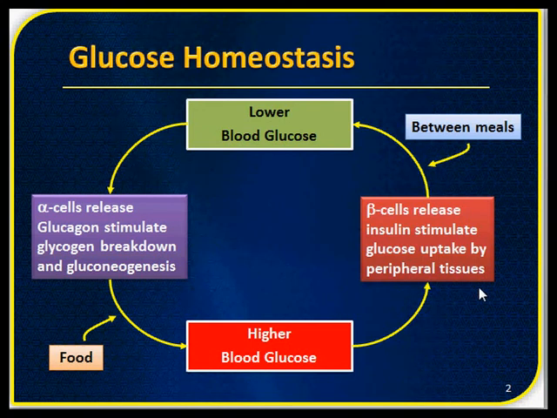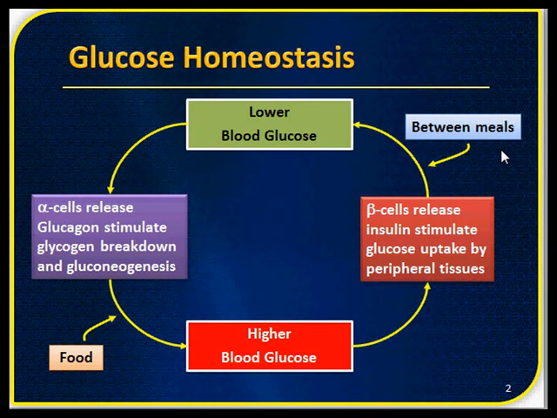This inward movement of glucose into peripheral tissues reduces the blood sugar to normal levels. So in between meals, this is how the blood sugar is maintained at around 70 to 110. This in a nutshell is glucose homeostasis, with glucagon and insulin.